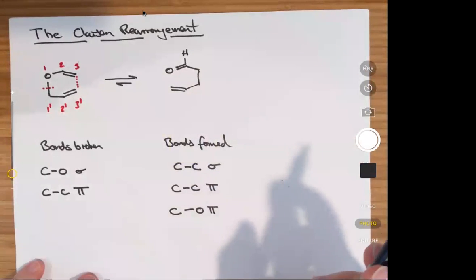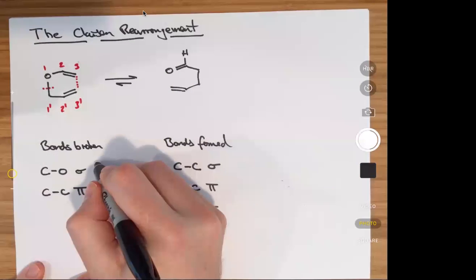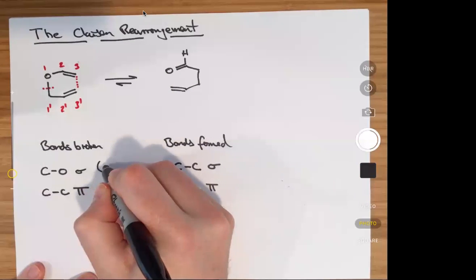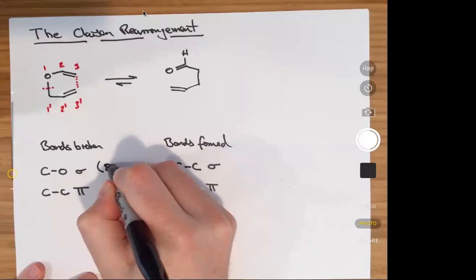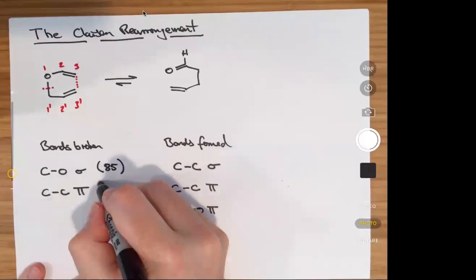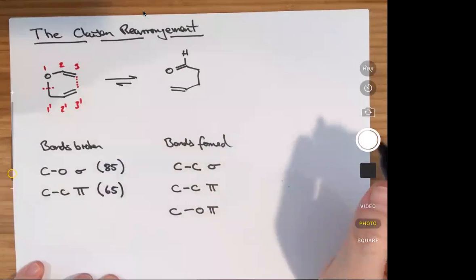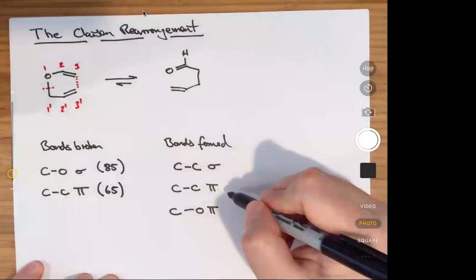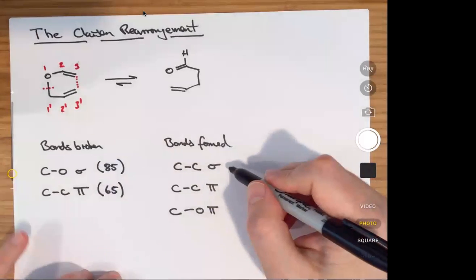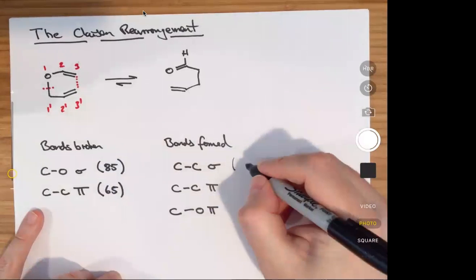And if we just crunch the numbers here, roughly a ballpark in kilocalories per mole, this one is about 85 kilocalories per mole. Each of these two pi bonds is about 65 kilocalories per mole. This carbon-carbon bond here, let me see, what is it? It's about 85.